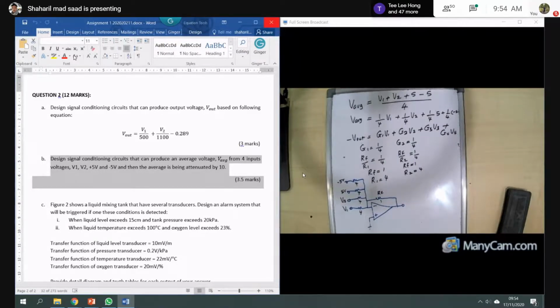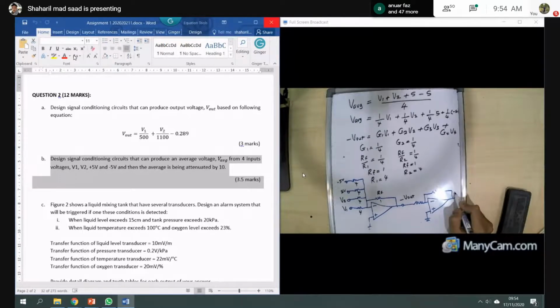Then the output will be minus. So in order to achieve the output for the positive one, minus and plus, right?